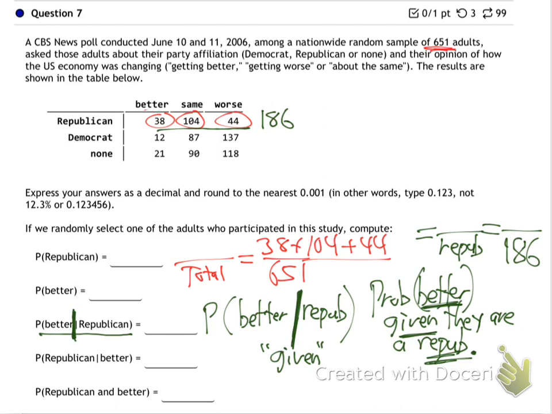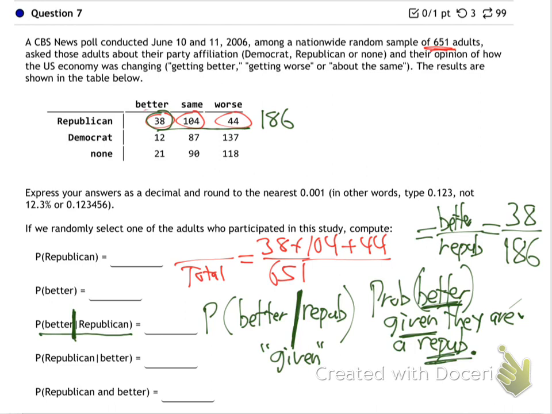That's the total Republicans. So what's the chance they think the economy's getting better, given that they are Republicans? We know we're talking about somebody out of the Republican group. What's the chance that they feel the economy's getting better? 38. Then just divide it on your calculator.